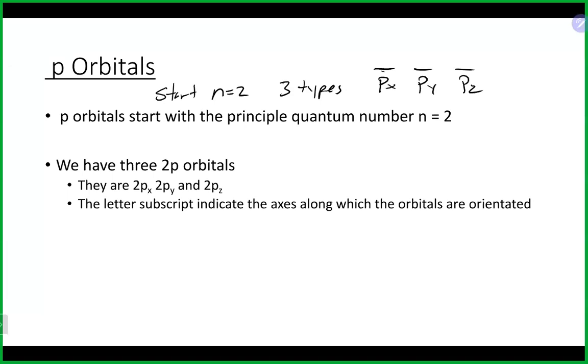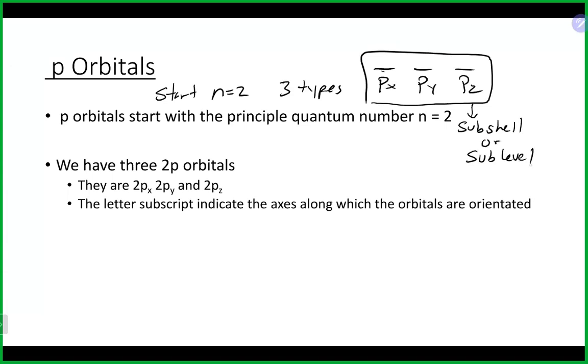Now, when you have multiple orbitals of the same type on the same energy level, all 3 of those together are sometimes referred to as a subshell or a sublevel, depending on the book that you're reading. And that is a collection of the same type of orbitals on the same energy level.